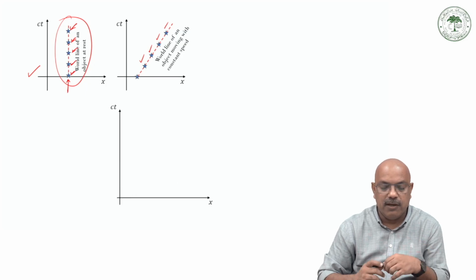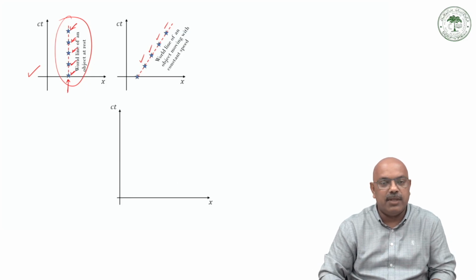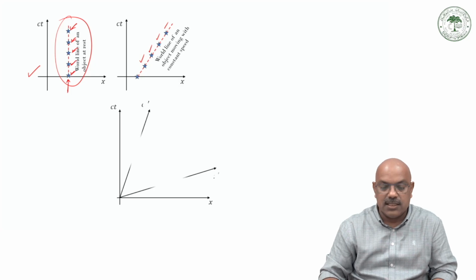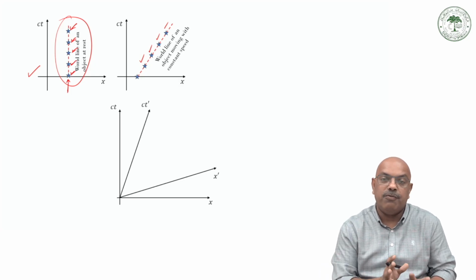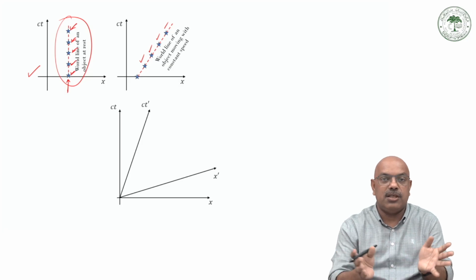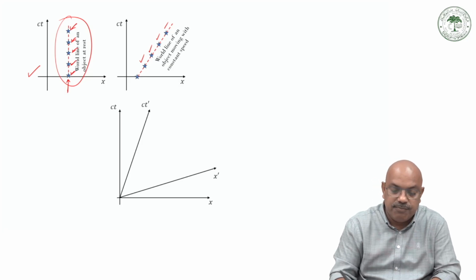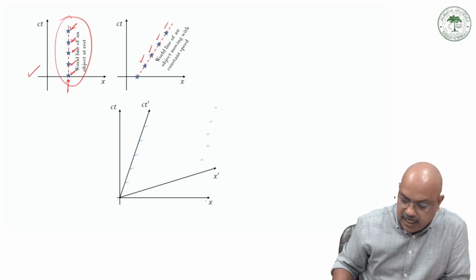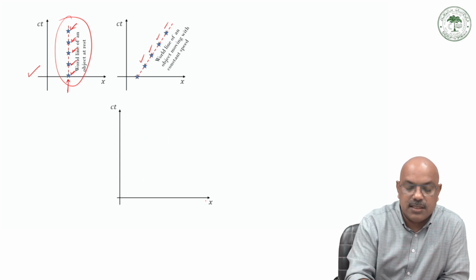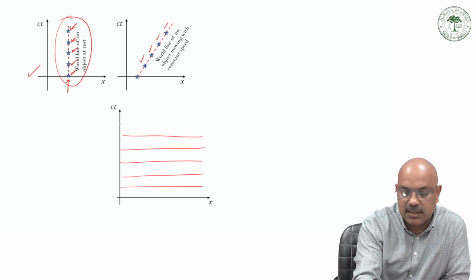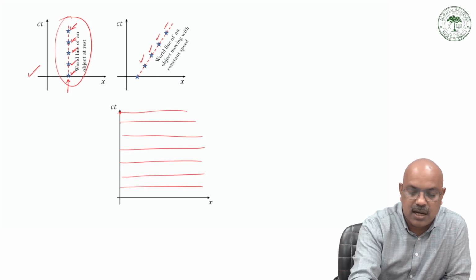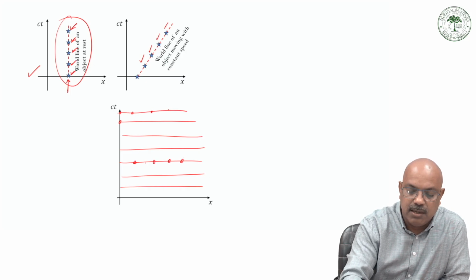So if I have one frame that is x, ct, and another k prime frame which is x prime, ct prime, then how do we define a certain point in this? If I draw a line parallel to the x axis, then all these events on this line are having the same time.